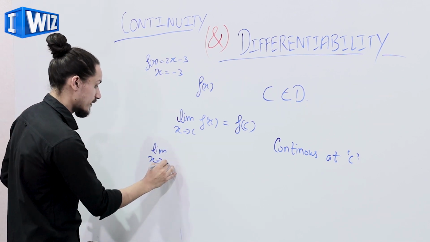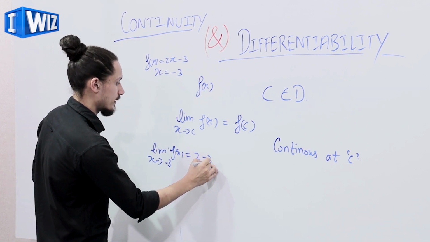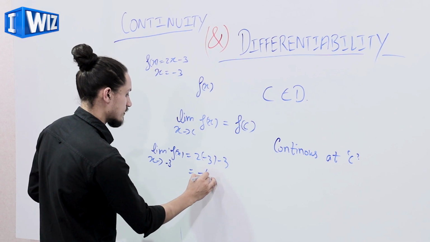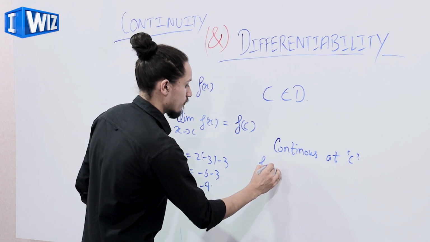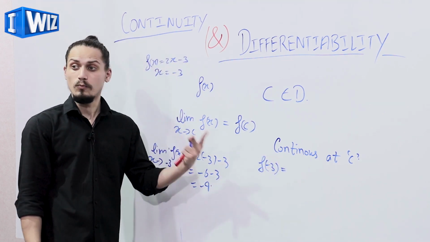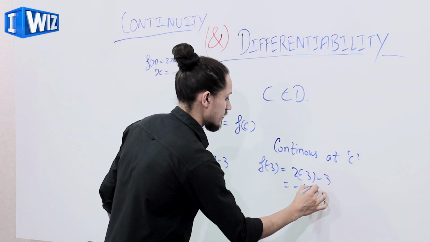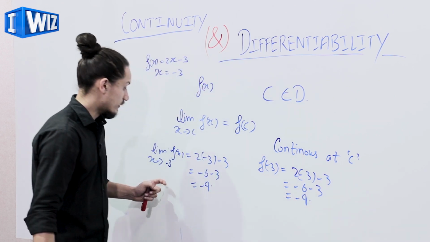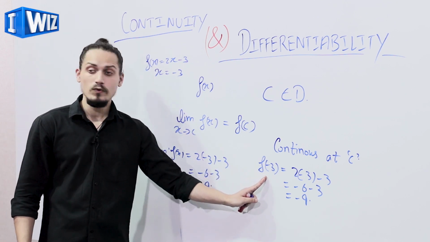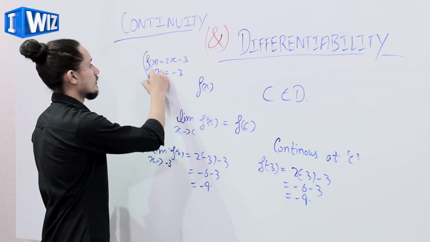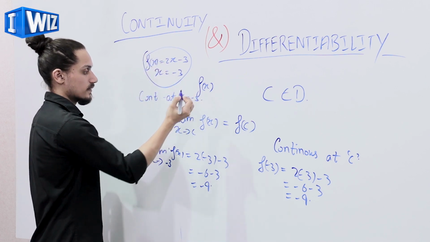So limit x approaches to -3 f of x is equal to 2 into -3 minus 3, which is equal to -6 - 3, which is equal to -9, and f of c, that is f of -3, will be equal to 2 into -3 minus 3, which again is equal to -6 - 3, which is equal to -9. So in this case, limit x approaches to c is equal to -3, f of x is equal to f of c. So this function is continuous at x is equal to -3.